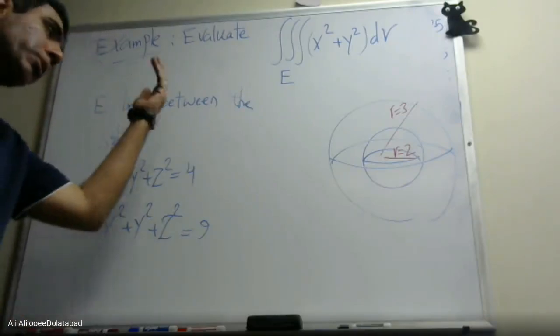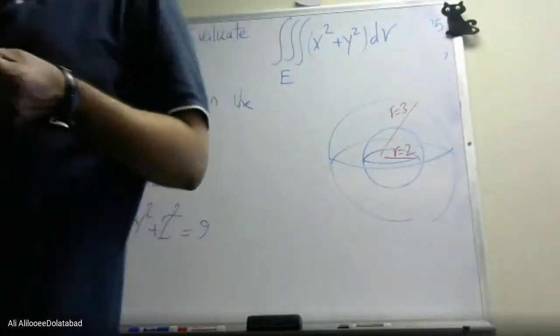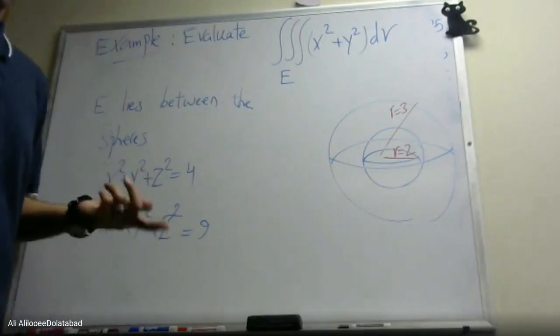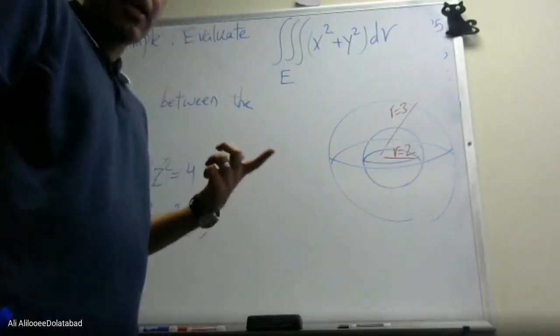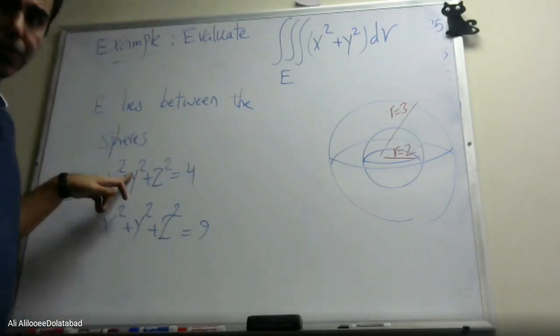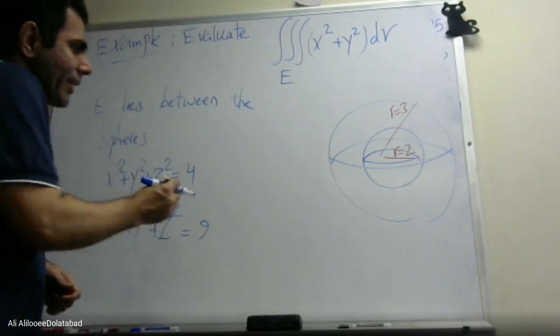Here, we want to integrate this function, and the first thing that I must explain is why a spherical coordinate is a nice technique here. Because if you are integrating on a sphere, when you convert this sphere into a spherical coordinate, as I explained yesterday, you get a nice equation.